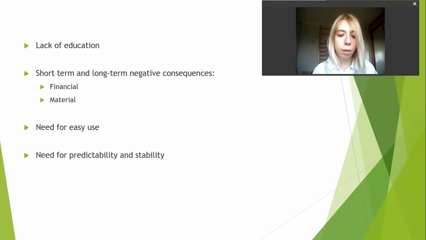When wrong actions are taken, there are short-term and long-term consequences, which can be financial and material, in the sense of materials needed for production. First of all, short-term goals: in this paper, we are talking about corn, sunflower, and wheat, so I'll be using those examples.